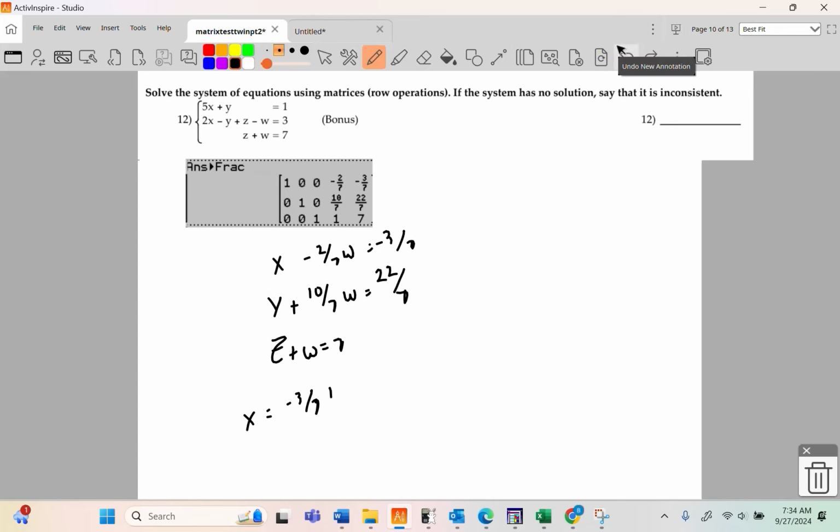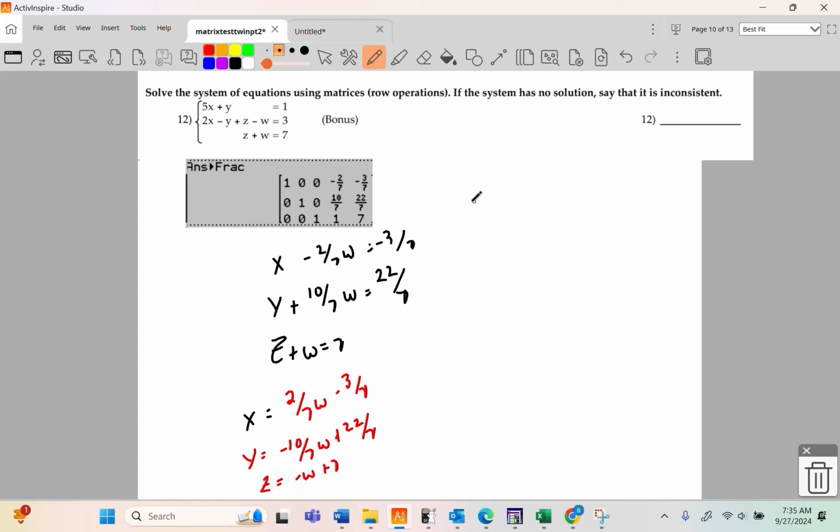Okay. X is 2/7 of w, because we're shifting to the right, -3/7. Y is -10/7 of w plus 22/7. And then z is simply -w plus 7.